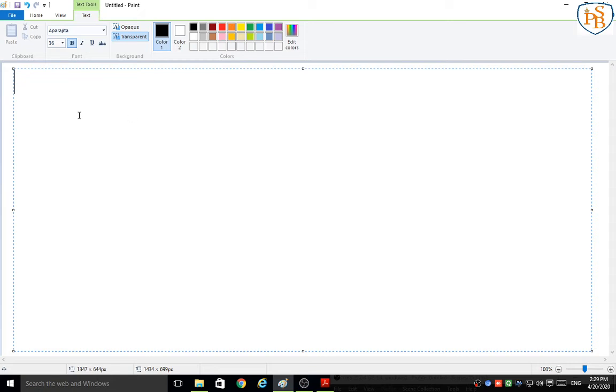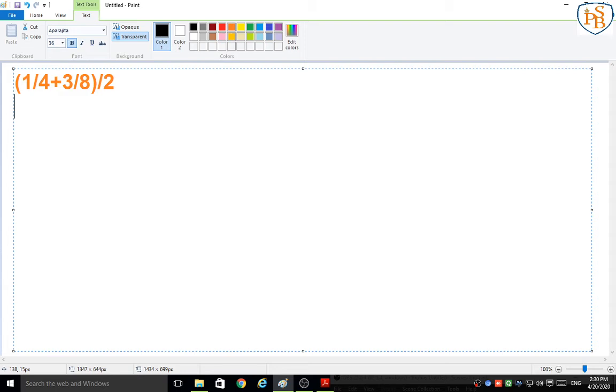1 upon 4 plus 3 upon 8. I have to make a bracket, divided by 2. How can I solve this? I have to multiply to make the same denominators.